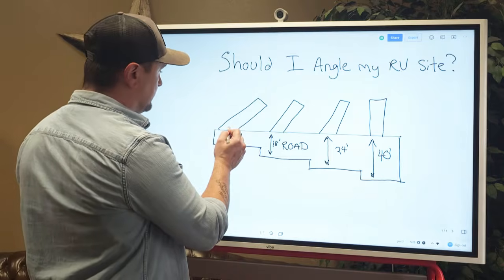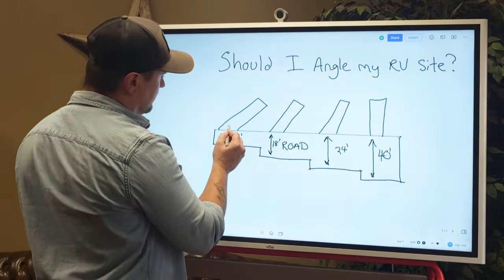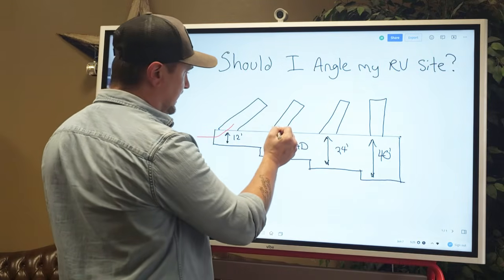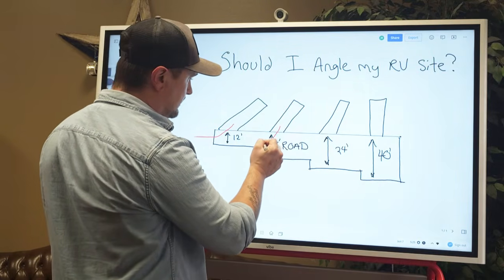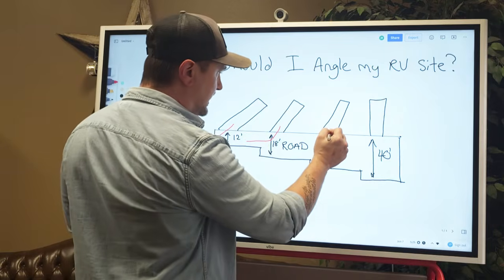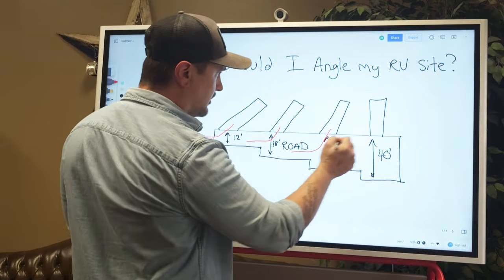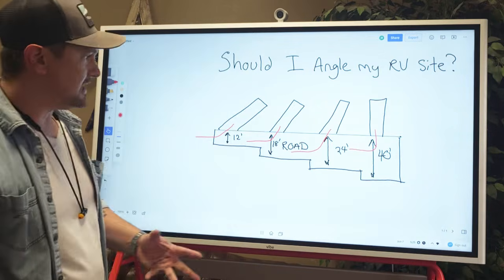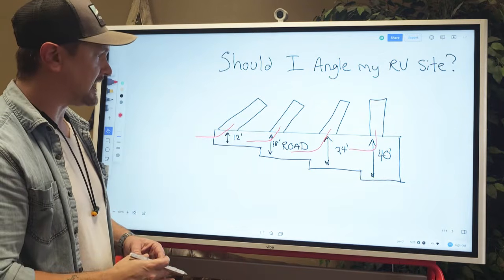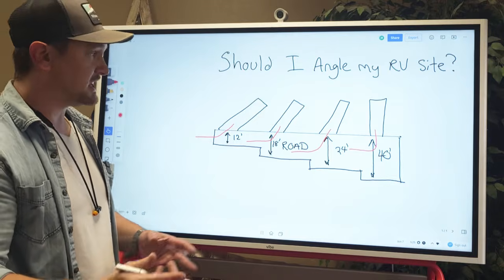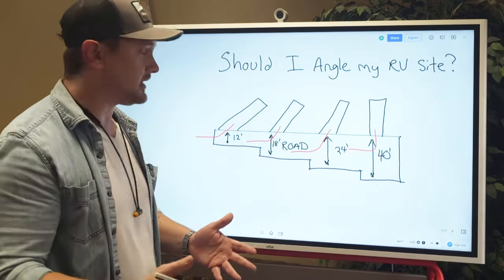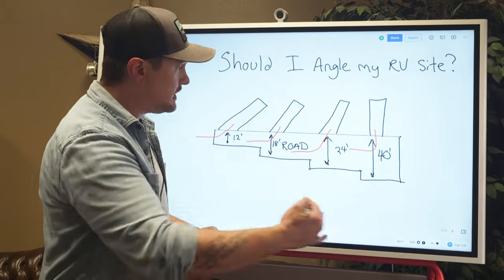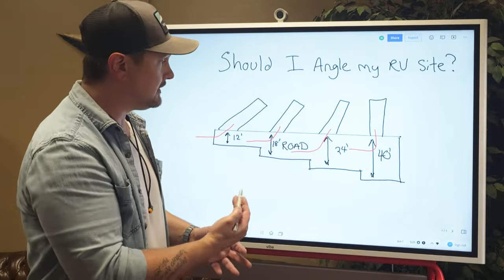Just imagine an RV trying to turn in, okay? Notice how the curve gets steeper and steeper, okay? And you'll see a lot of people make these mistakes. They don't put enough angle on their site, and people are going off of the road trying to turn in to the site.